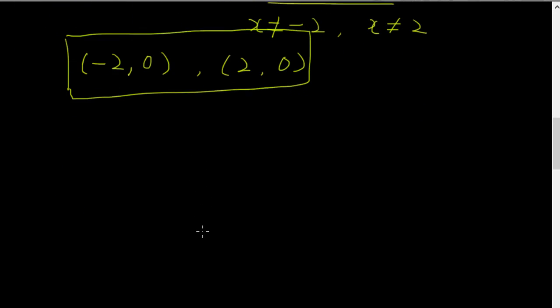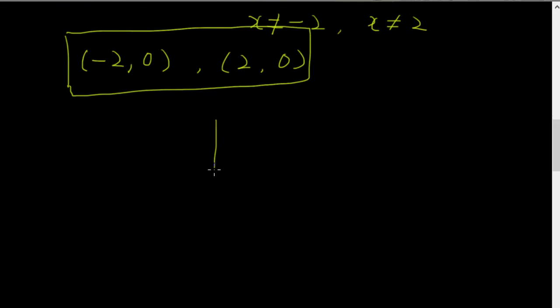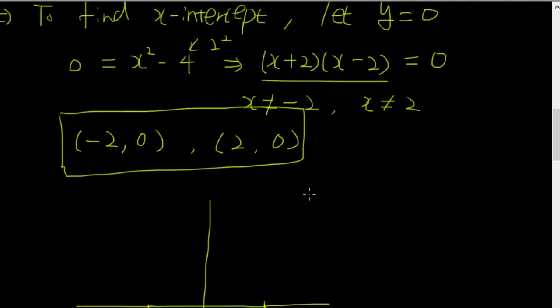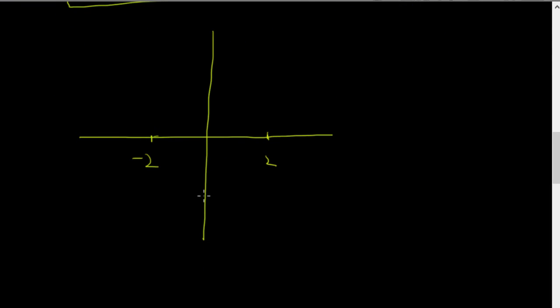If we have to graph it, we'll see that we have negative 2 and 2 on the x-axis, and 0 and negative 4 on the y-axis. So let's say this is negative 4 right there.